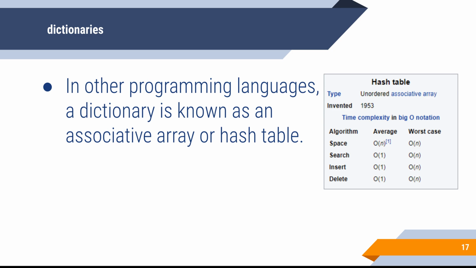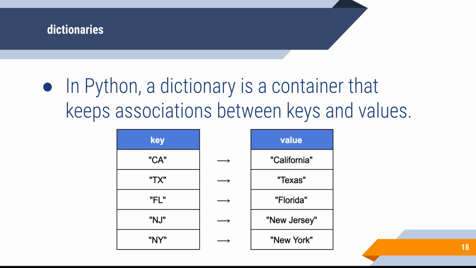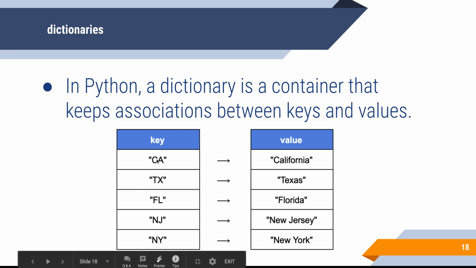Also, in other programming languages, this construct has been around for a very long time. It's also known as an associative array or a hash table, which were first used in 1953. So again, in Python, a dictionary is a container that keeps an association between keys and values. Just keep that in your mind.